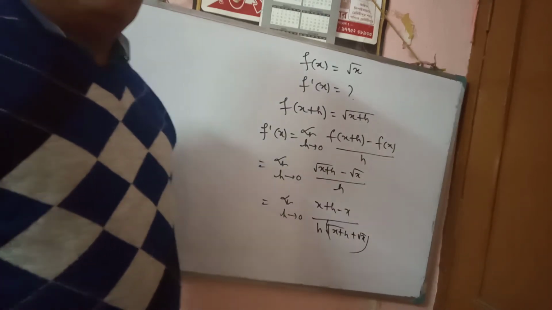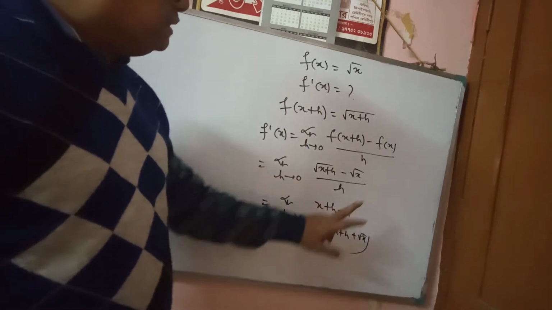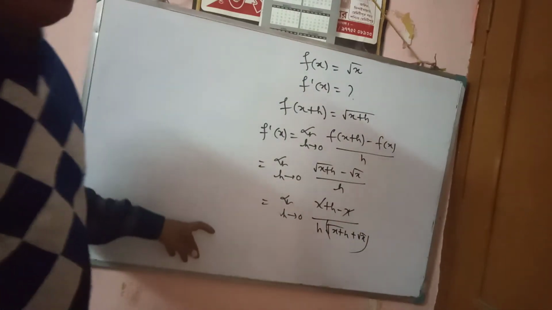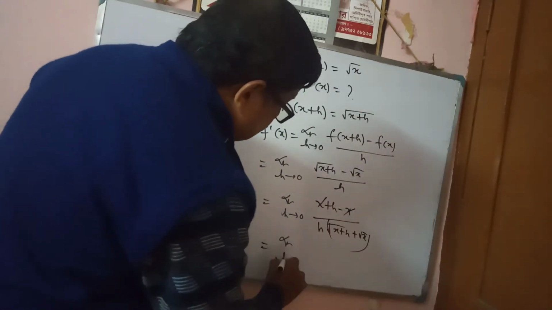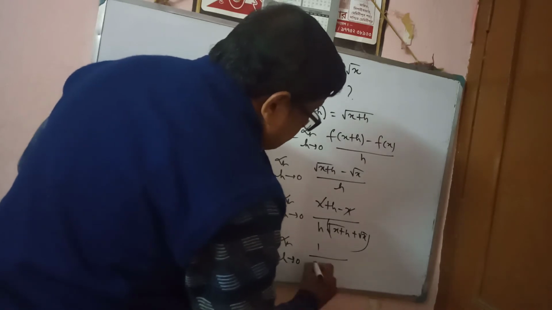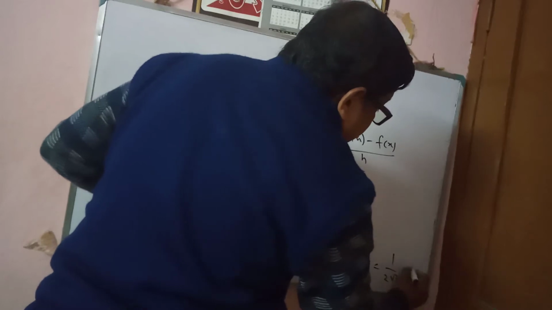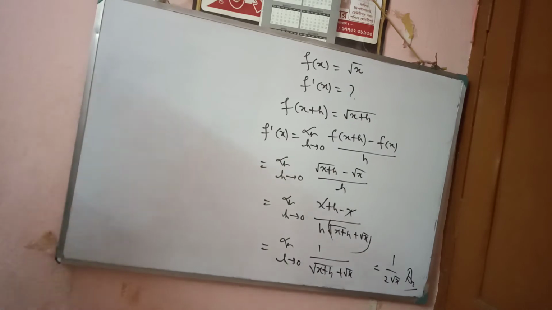Then a minus b times a plus b will be a square minus b square. So that is x plus h minus x by h times root x plus h plus root x. See, x cancels here. So limit h tends to 0, h cancels, 1 by root x plus h plus root x. Now put h equal to 0, 1 by 2 root x. This is the answer. Just note it down.